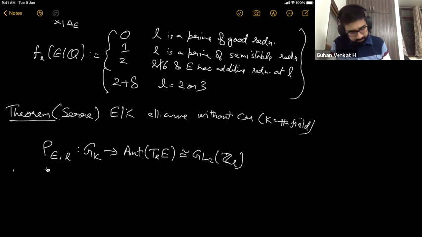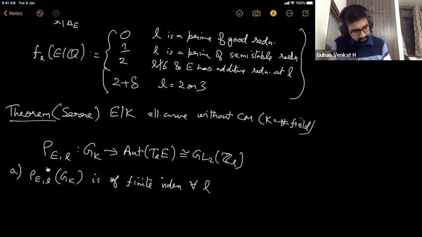Then the first part is that the image of rho_{E,l} is of finite index for all primes l, and in fact it's all of GL2(Z_l) for all but finitely many primes l.